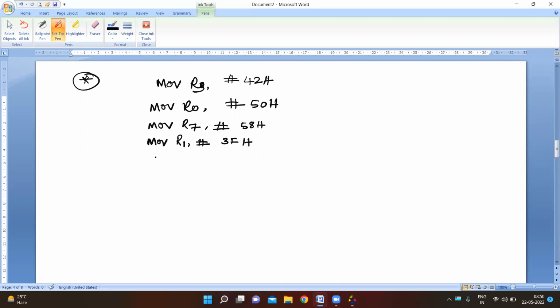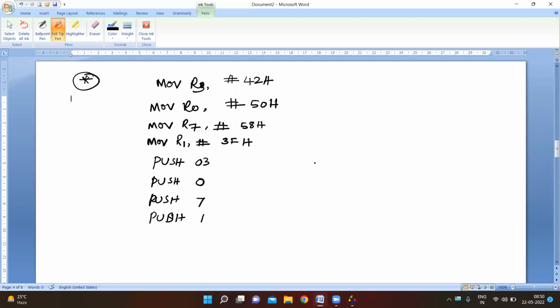Next, what do we do? Push 3, push 0, push 7, push 1. Here, what happens to the stack pointer?